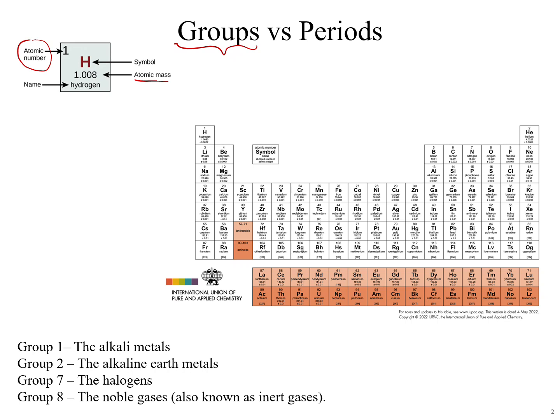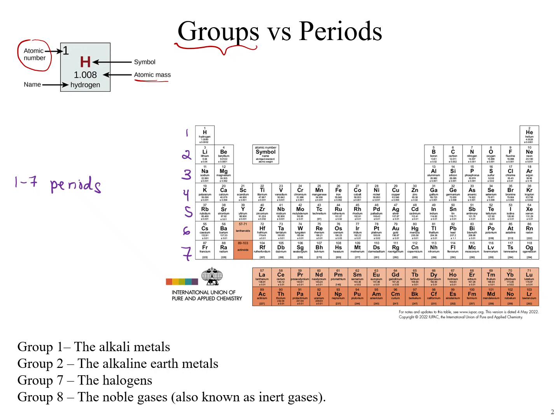We have 7 periods on the periodic table and 18 groups on the periodic table. So for the 7 periods, I'm going to write down the numbers 1 through 7, starting where you have hydrogen and going down. Those are representing the periods.